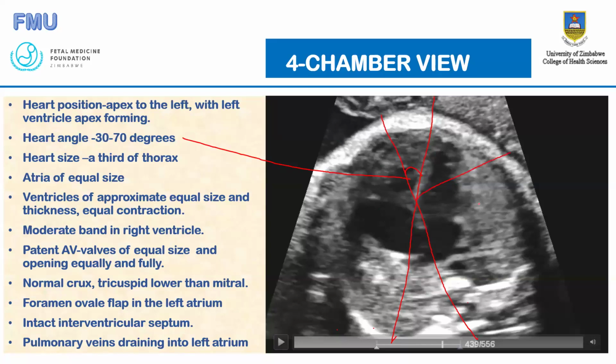The heart is deviated to the left. So this will be called left axis deviation. This one is right axis deviation. So that's what we mean by the heart angle or the cardiac angle, which you should check on the 4-chamber view.